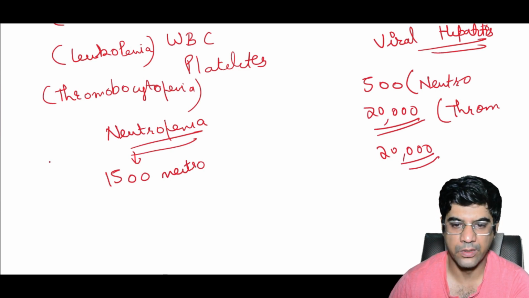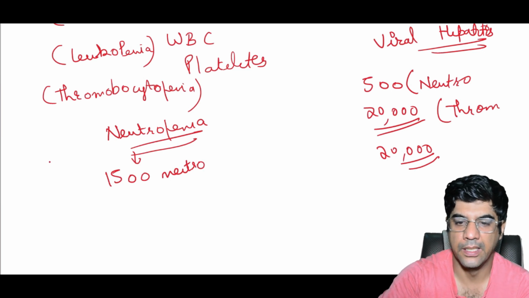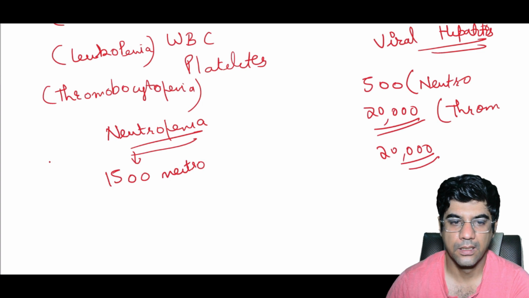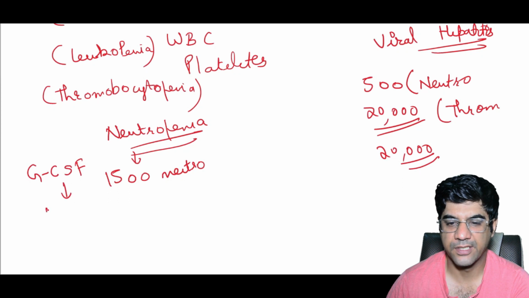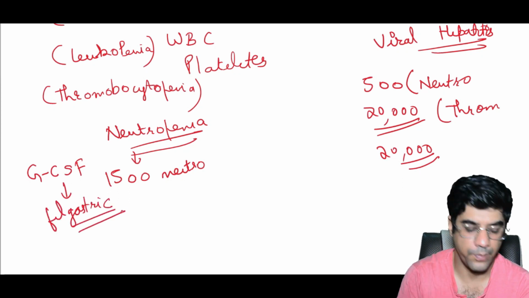Treatment includes supportive therapy, antibiotic therapy, or recombinant human granulocyte colony stimulating factor, that is filgrastim. Hematopoietic stem cell transplantation can be considered in patients with neutropenia.